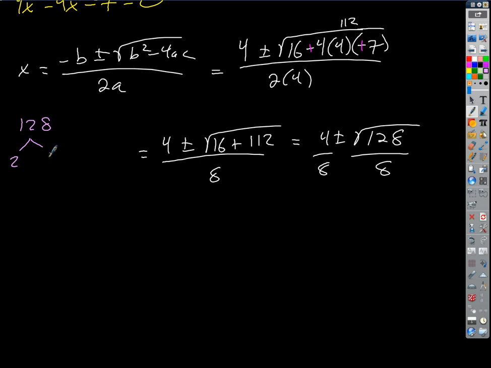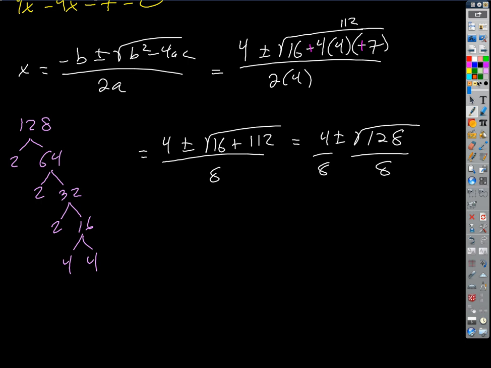What's half of 128? Okay, 64, right? Then that's even, so I can take a 2 out. What's left over? 32. That's even, so I can take a 2 out. What's left? 16, that's a perfect square. So we could make that one into what? 4 and 4. We don't really have to go any less than that.